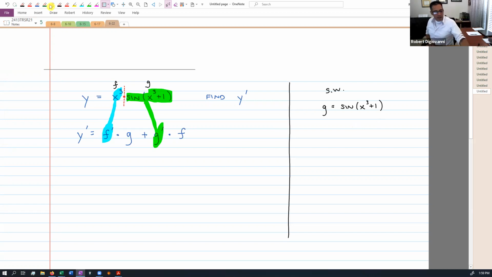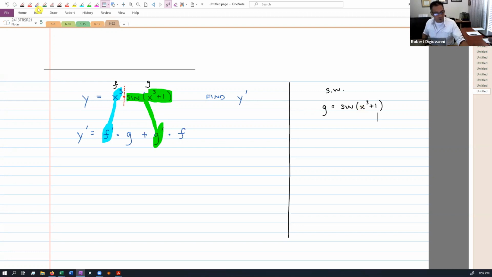Let's try this. See, this is where things start getting weird because we're already using f and g to notate this function and this function, right? So if g is equal to this, I can't use that formula for chain rule because the chain rule formula has f and g in it, but I'm already using f and g. Do you see what I'm saying? So how do we want to do this?